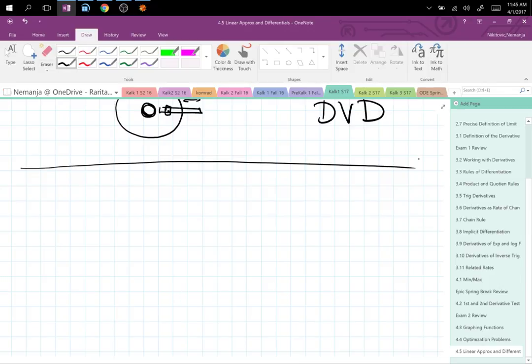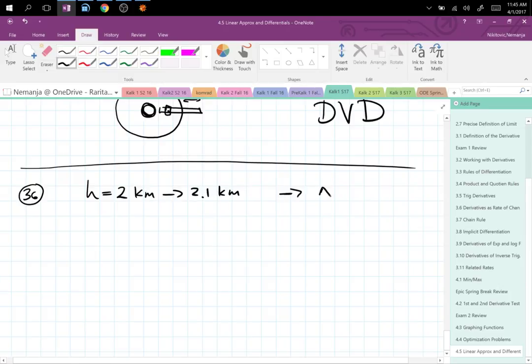So how about this 36? Approximate the change in atmospheric pressure when the altitude is increased from 2 kilometers to 2.1. So height goes from 2 kilometers to 2.1 kilometers. Guys, from there I immediately know that the change in height is 0.01.